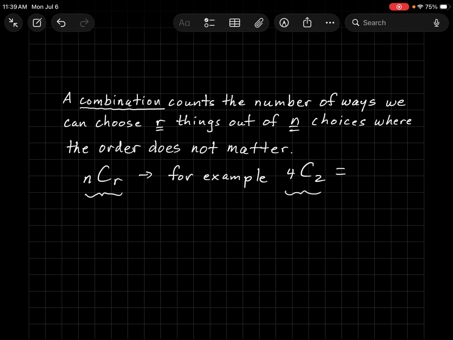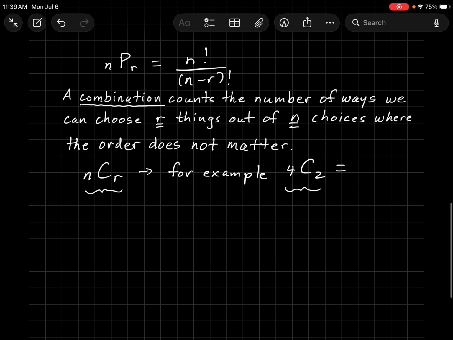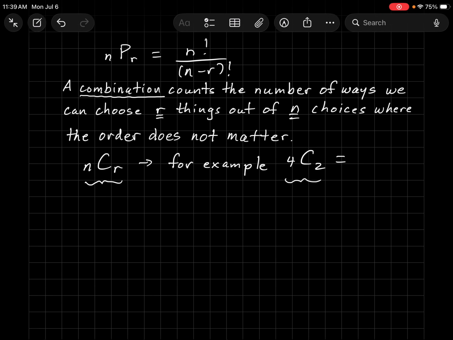Let me put the formula for permutations back up here, because this formula I think is pretty easy to see where it comes from. Now let's look at combinations. Let's do 4C2 over here. What does that really mean?